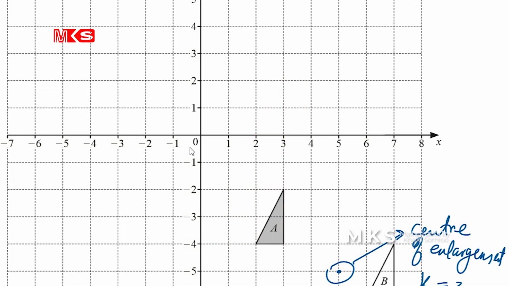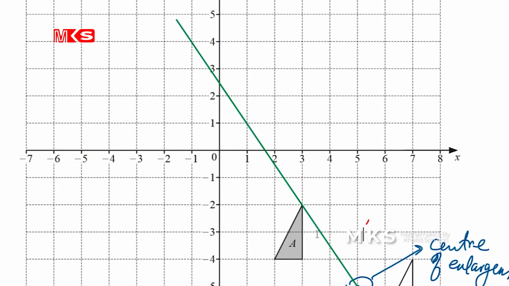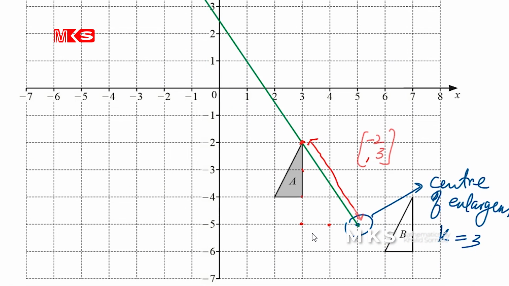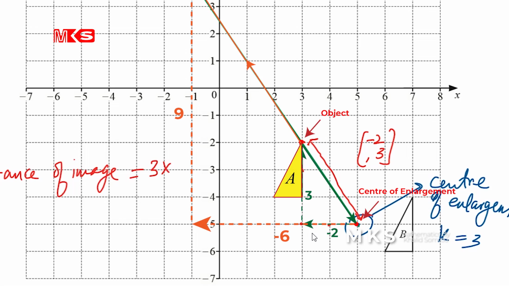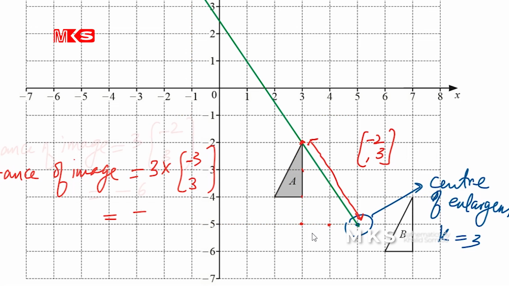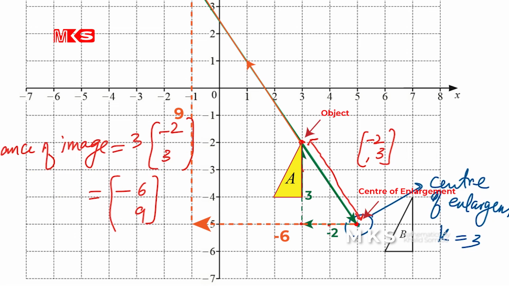If I draw a line from the object to the center, the distance from this center in terms of a column vector is 1, 2, then -2, 1, 2, 3. So this distance written as a column vector is (-2, 3). This is the distance of the object from the center. The distance of the image is k times, k here is 3, the distance of the object from the center. So that will become (-6, 9).